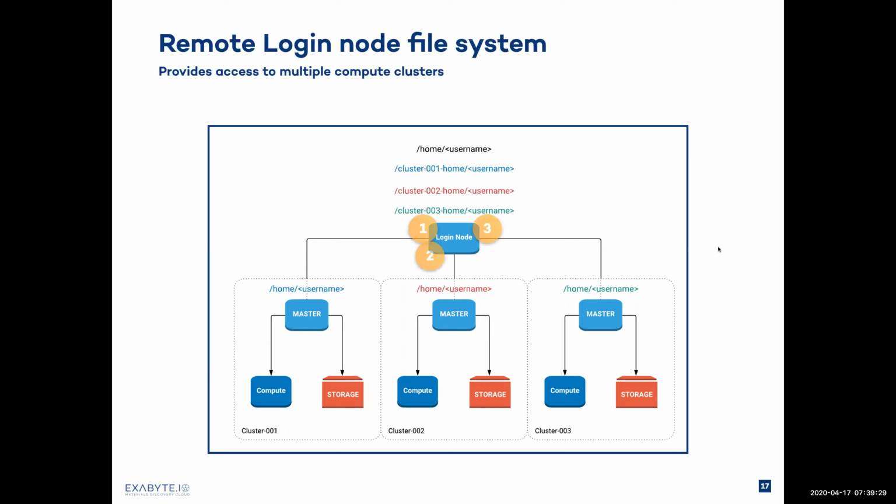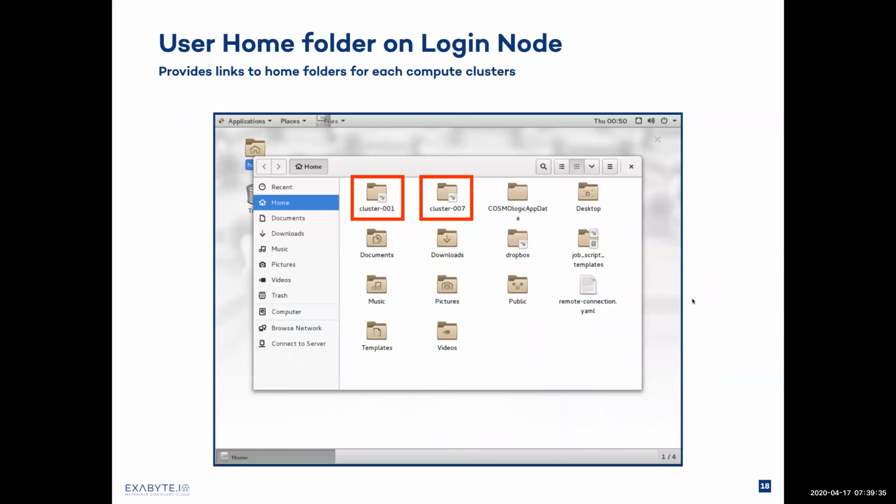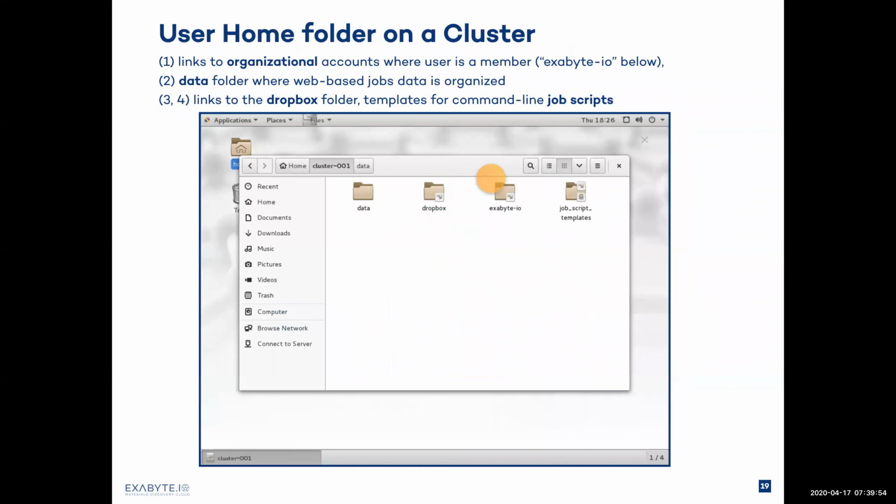And remote connection methods, again, are establishing connection to the login node. When users connect to the login node, they can see shortcuts for each of the computational clusters. This is how it looks for my account, for example. I have shortcuts to cluster 001, cluster 007 in production, and I can navigate into each one of them to see what I've done in each of the systems.